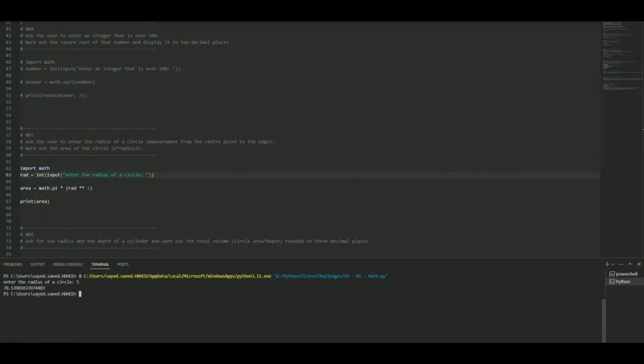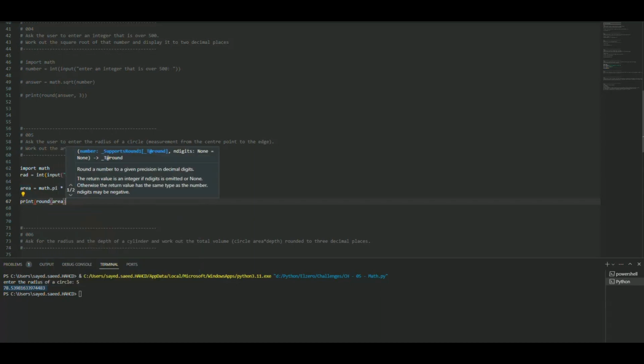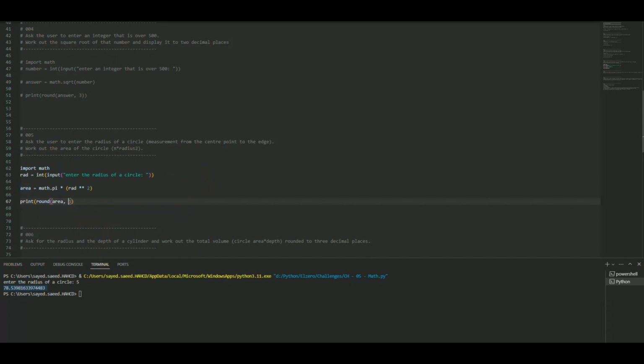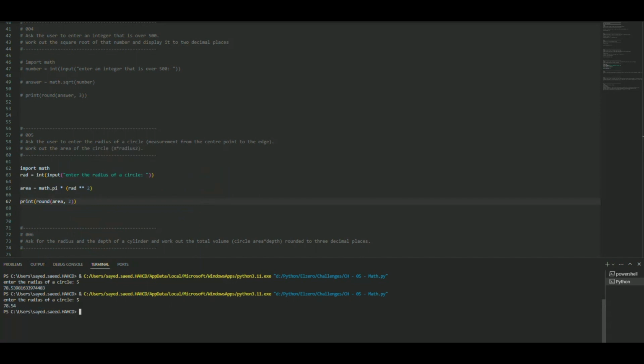Now this is the area of 5. Let's round it to 2. Okay, that is the area of the circle with radius 5.